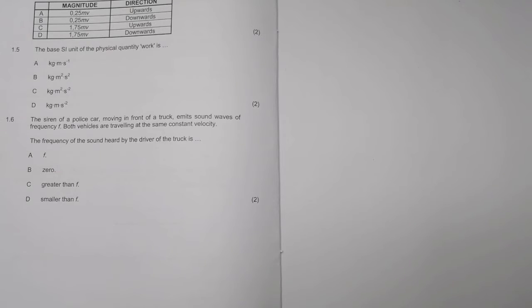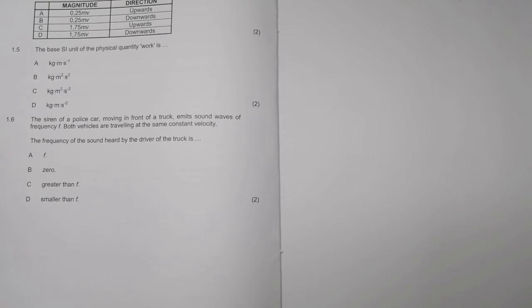Now remember, what causes the Doppler effect? It's when there are relative differences in velocity between two objects, right? So in this case, they're telling us both of them are actually moving at the same velocity.